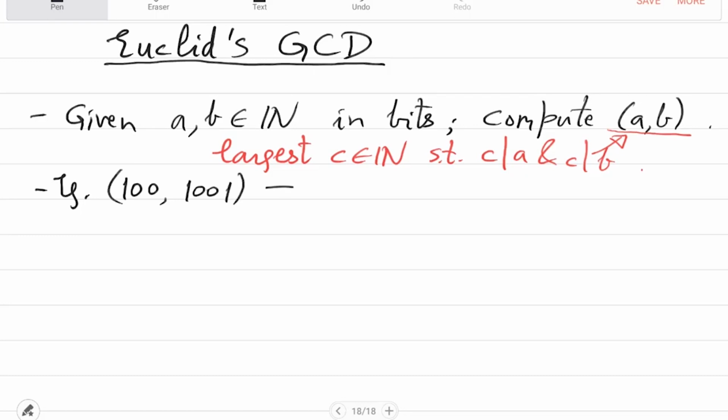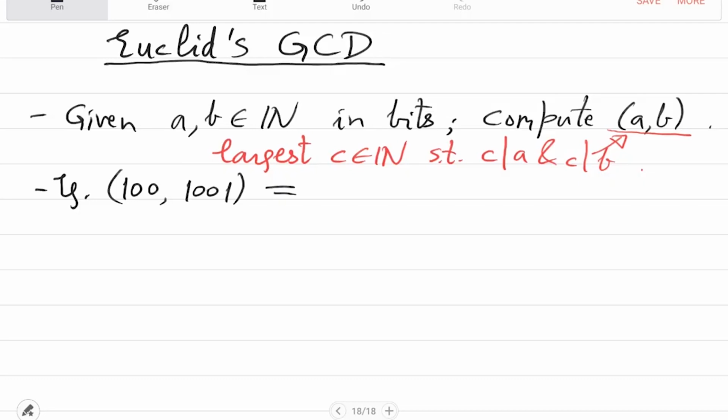What is the GCD? Yes, why is it 1? What is the proof? You are basically saying that these two numbers are co-prime. So when the GCD is 1, we call the numbers to be co-prime. Otherwise, we say that they share a factor.